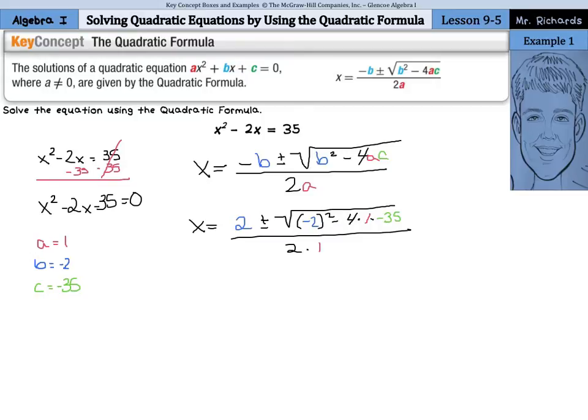And so now I can work on simplifying this to find my values for x. x equals 2 plus or minus the square root of negative 2 squared is 4. And then negative 4 times 1 times negative 35 is a positive 140.